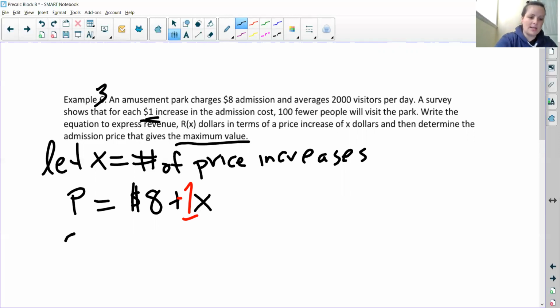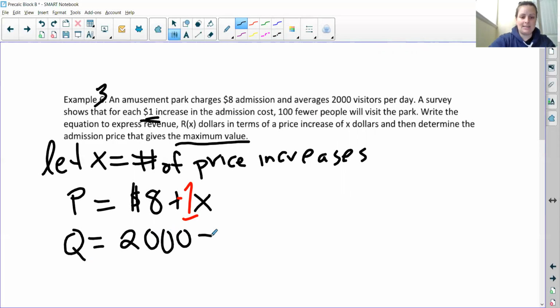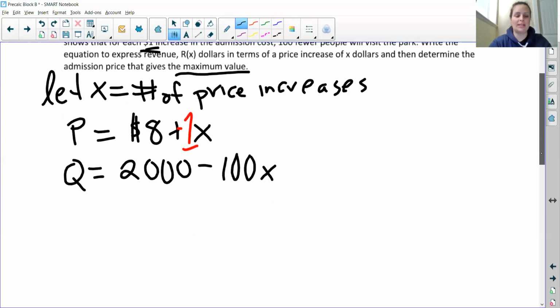And we know the quantity of tickets sold is 2,000 minus 100 for every price increase. Remember, X stands for the number of price increases. So for every dollar price increase, you lose 100 people paying admission because it's too pricey for them.